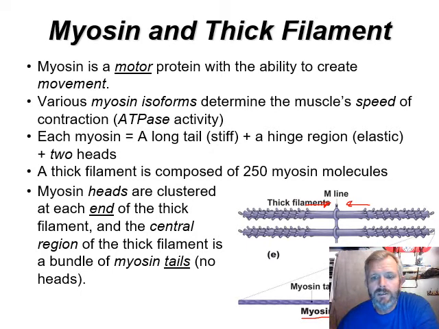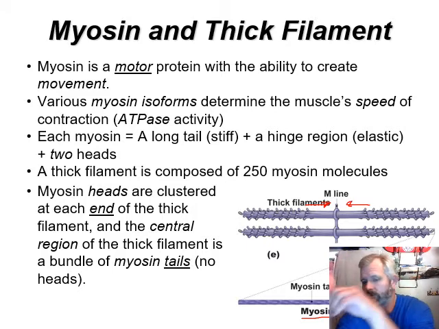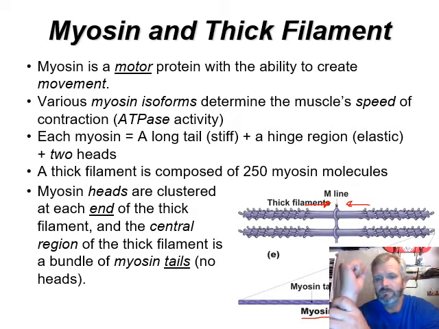What else? With this pivoting taking place, we're creating movement. What do we usually need if we're creating some kind of movement in the cell? We're going to need some form of energy to make this, what we call the power stroke, having the myosin head move on that hinge region.